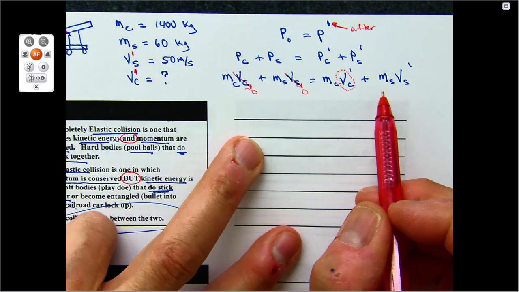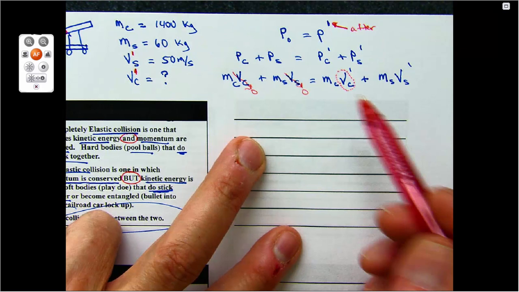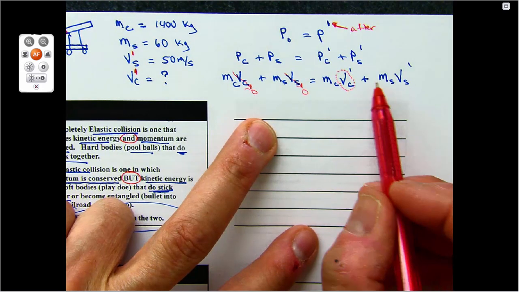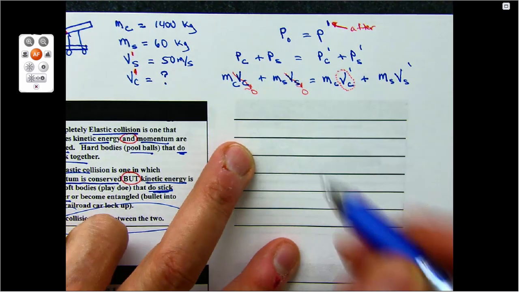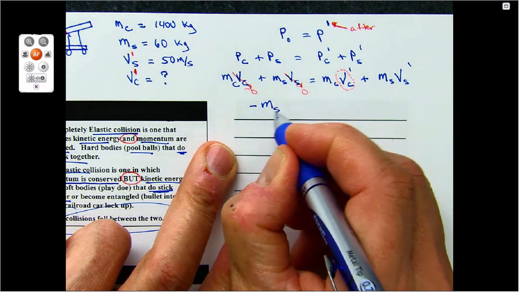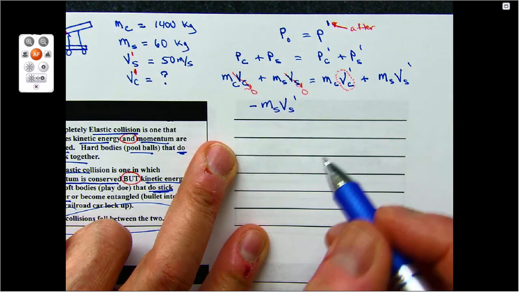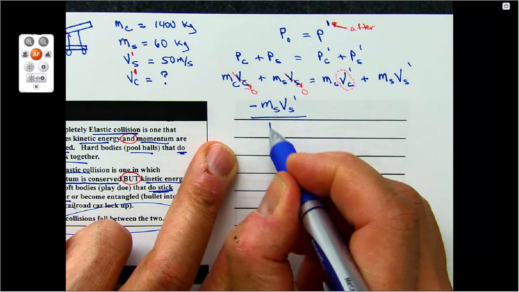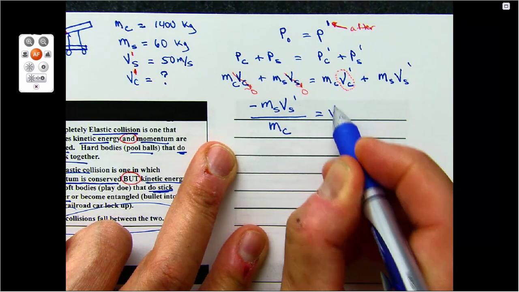And it should be negative. If we're saying the shell is positive, this cannon should recoil back negative. We'll throw this over to the other side, make it negative. We're going to have minus mass of the shell, velocity of the shell prime, divided by mass of the cannon should be the velocity of the cannon prime.